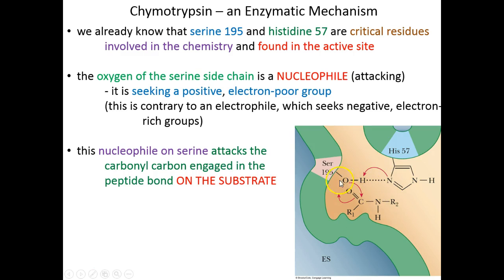So this group here that we see in the active site is the substrate. In fact, this is the hydrophobic pocket we talked about in the previous chunk, and R1 is the side chain of a hydrophobic amino acid that has been sheltered here from water by interacting with the hydrophobic pocket of the active site.